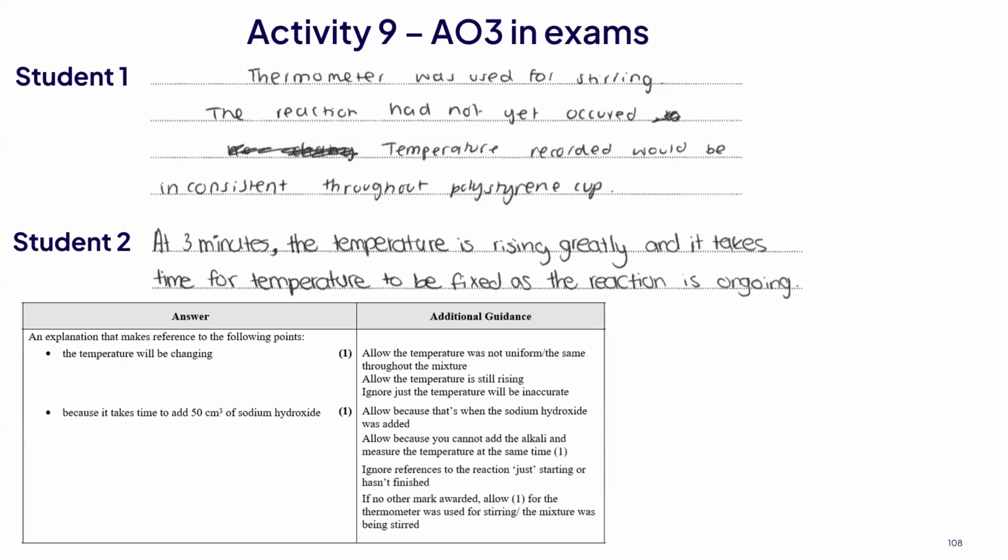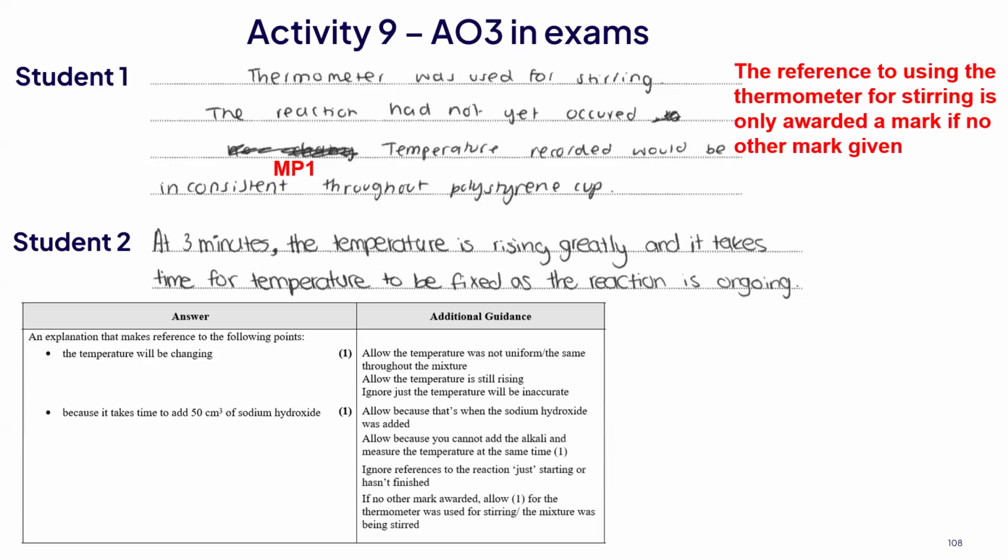We've got the temperature will be changing, so we've got MP1. Now, since that's been awarded, we can't also award the thermometer was used for stirring because it's only a rescue mark if no other mark's been awarded. So you only get the MP1 mark there. So 1 mark in total.